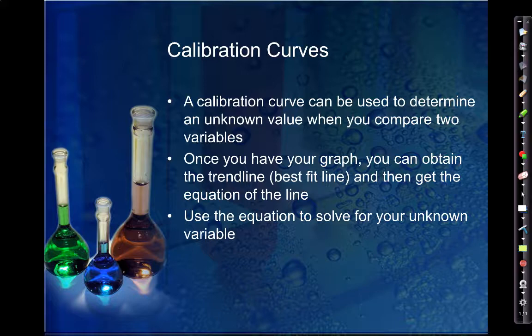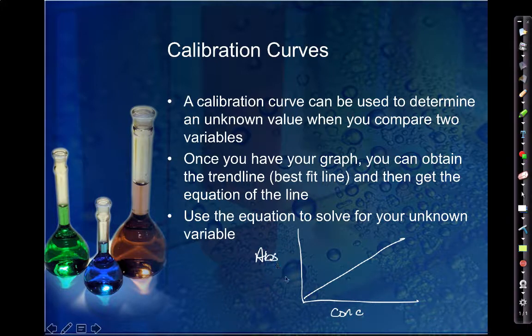What we do then is we will generate a graph which could look like this. Let's say that we're looking at concentration versus absorbance. So if I were to take an unknown solution where I don't know the concentration, but then I can go and actually just measure the absorbance, and I get the absorbance and it's about here, then I can figure out, okay, what is the concentration?